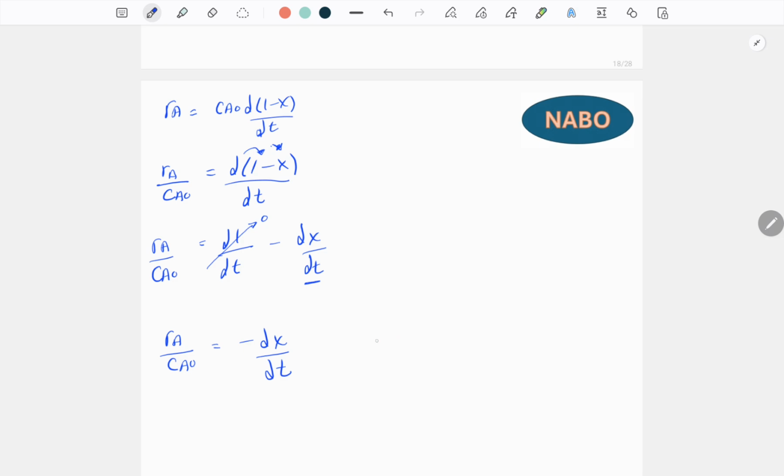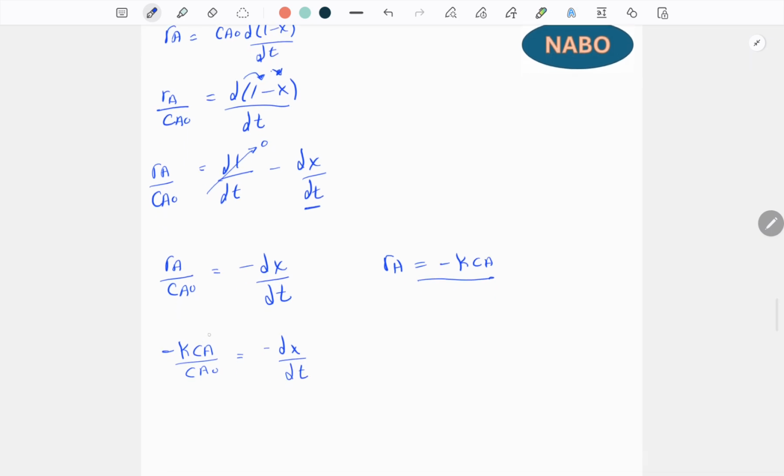The rate of reaction for this video, let's assume that it's first order, equals negative k CA. And it's negative because A is a reactant and it's being consumed. Let's go ahead and substitute that, which is negative k CA over CA naught equals negative dx over dt. Again, we'll change the concentration in terms of conversion.